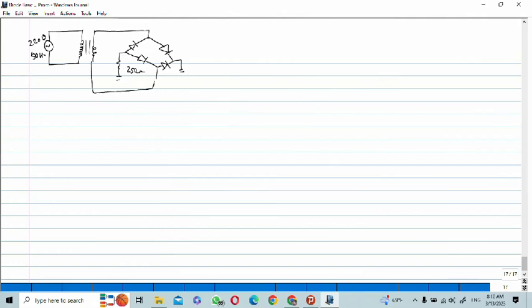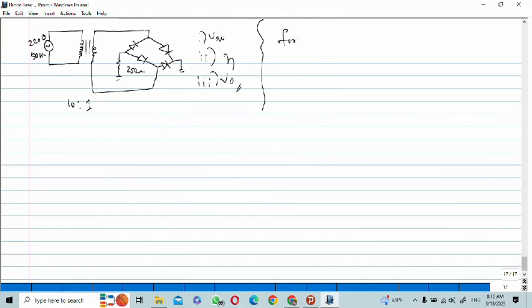The circuit is like this. They ask for V average, frequency and V naught.